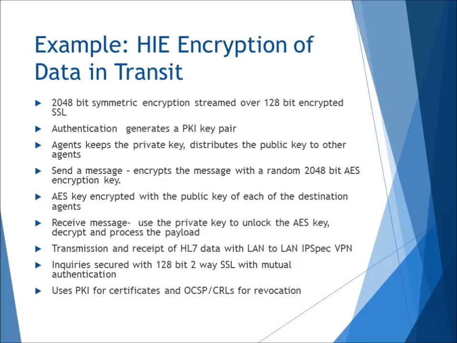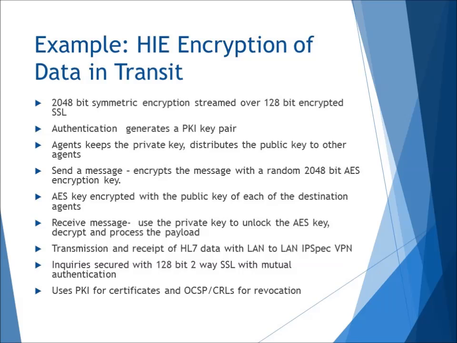When the agent is authenticated to the grid, so getting someone authorized to use the grid, the system generates a public key pair, okay? So that PKI key pair. The agent keeps the private key, okay, but distributes the public key to other agents on the grid.